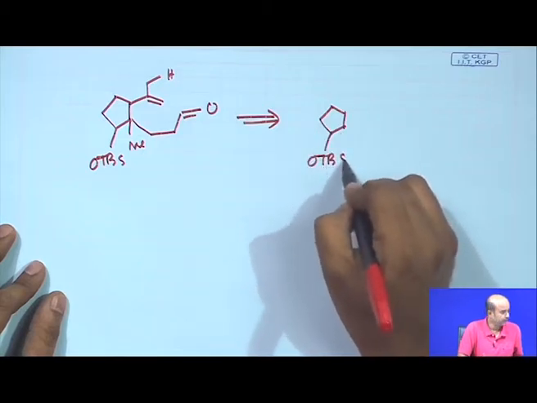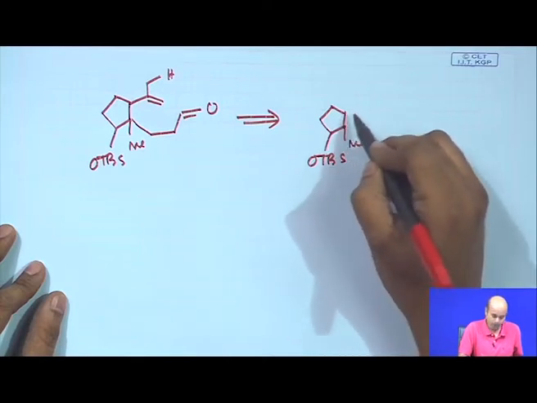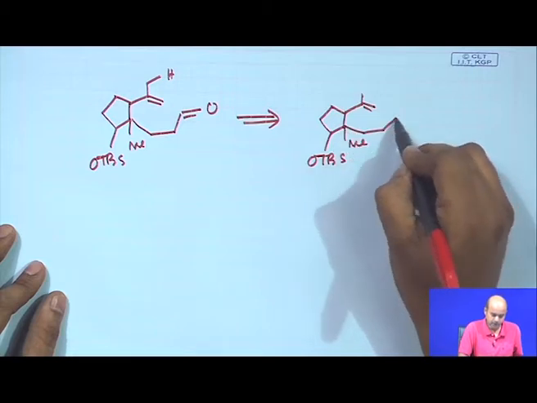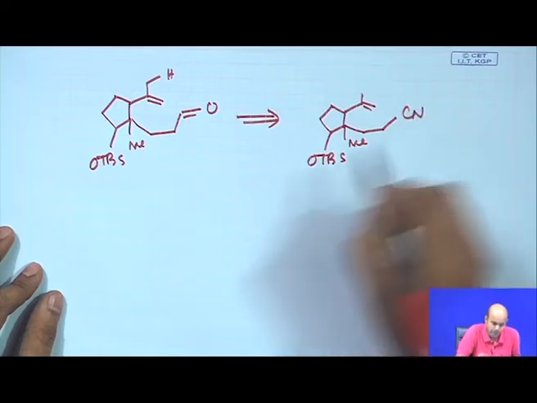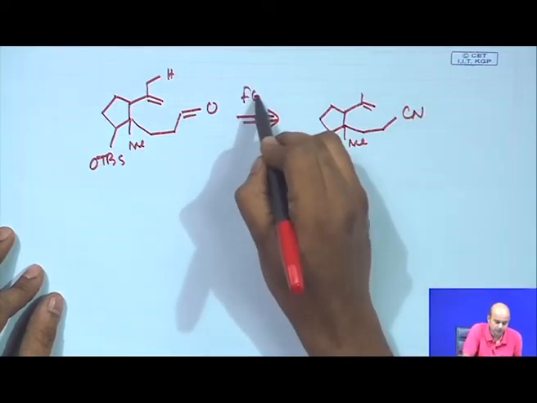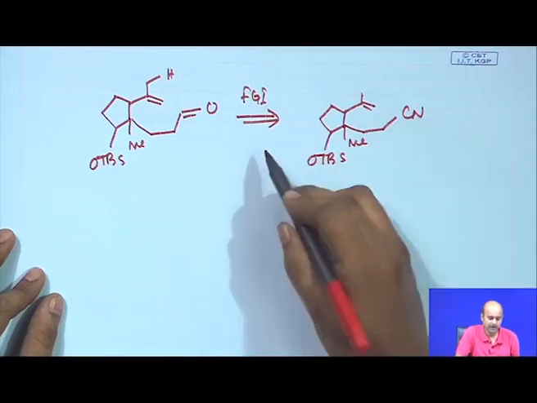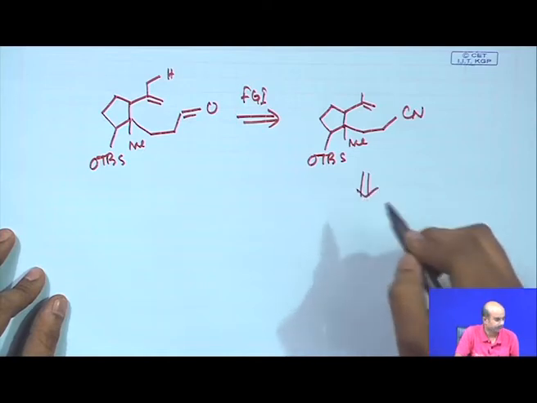How will we do it? We will keep the remaining groups all similar. We will try to convert this aldehyde by a functional group interconversion which we explained earlier. Treat the cyanide, if you have cyanide, react it to give the aldehyde, fine, that is an FGI.